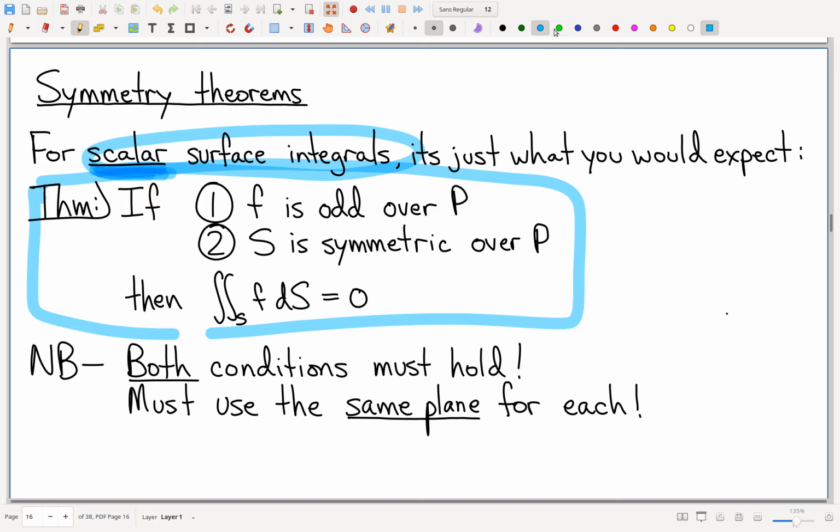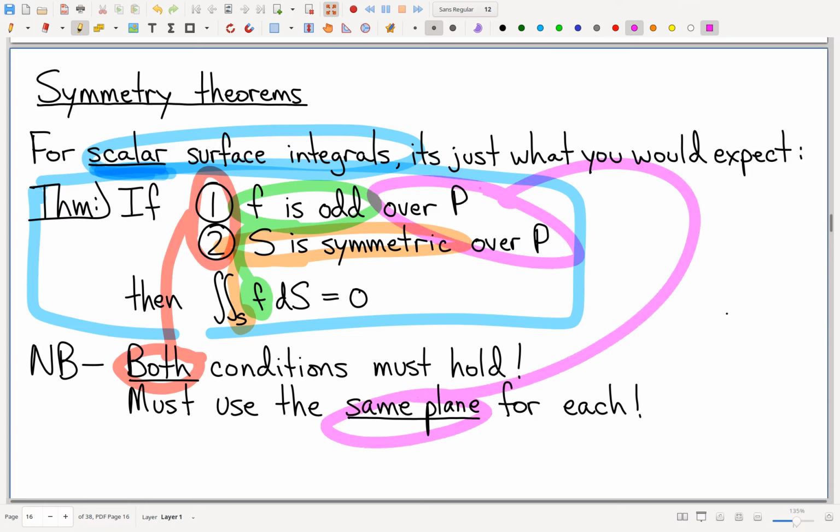And it's exactly the theorem you think. If you have a scalar surface integral, and if your integrand is odd, and if your domain is symmetric, that is both, mind you, over the same plane, very importantly, then your integral is 0. You check those conditions, declare victory. Believable? I think it's pretty believable. It's exactly what you would expect.